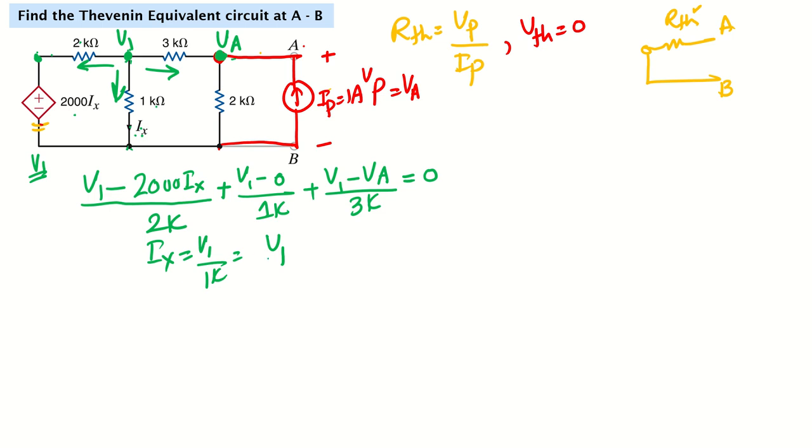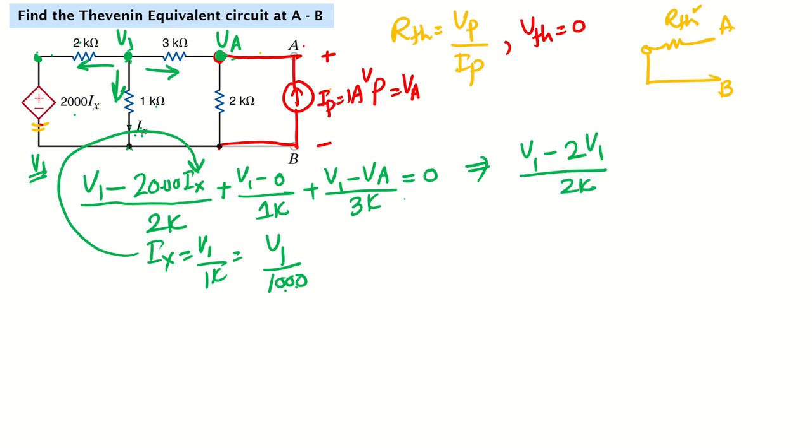I can put this value in this equation. So that will give me V1 minus this 2000, this is 1000. So 2000 divided by 1000 gives 2, right? So 2 V1 divided by 2K, so 2000 times V1 over 1000.